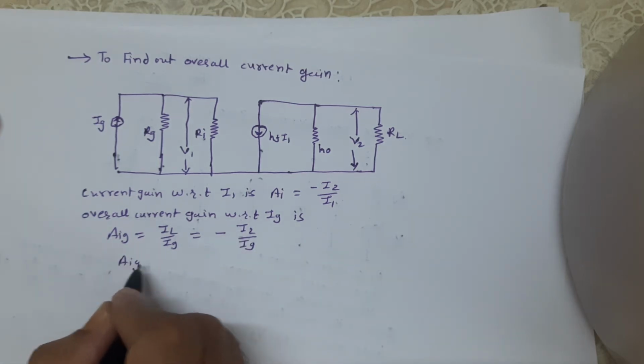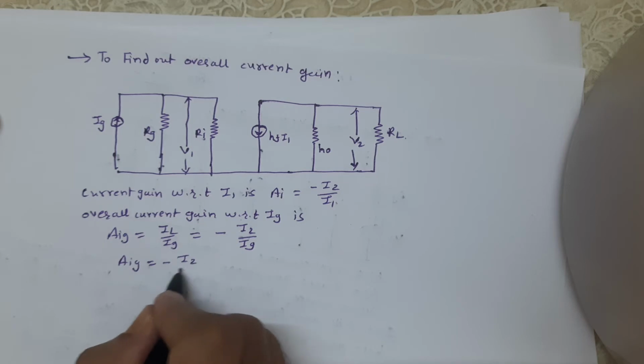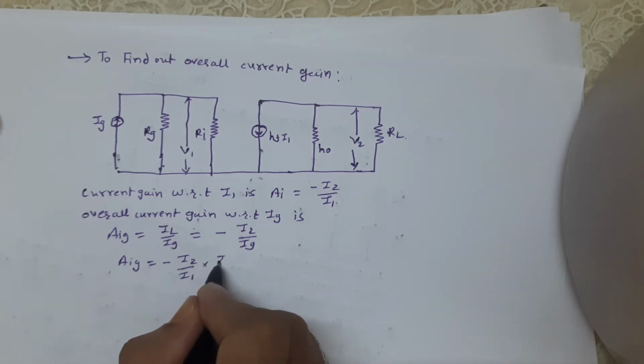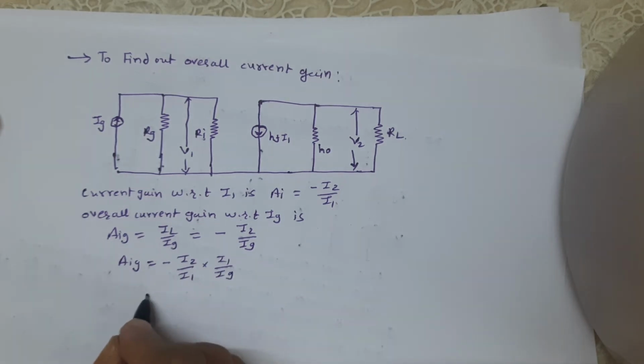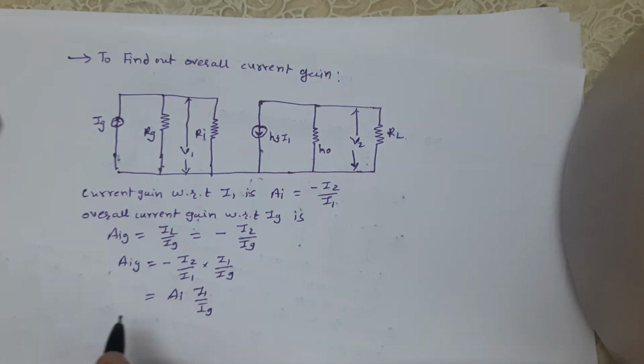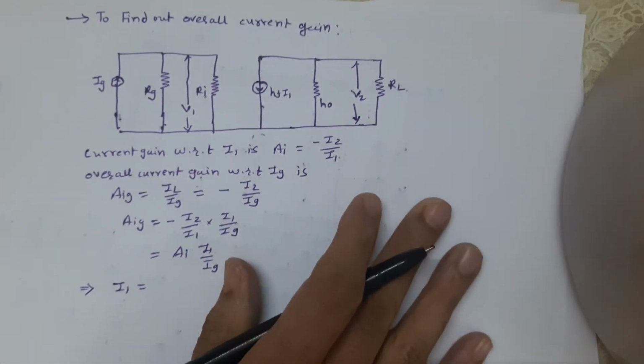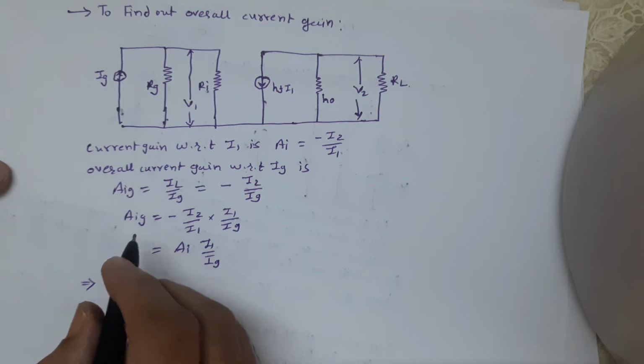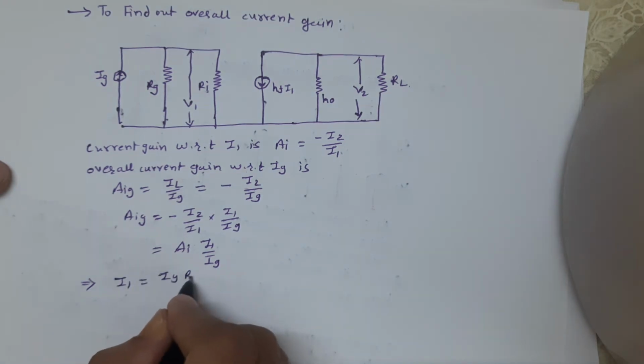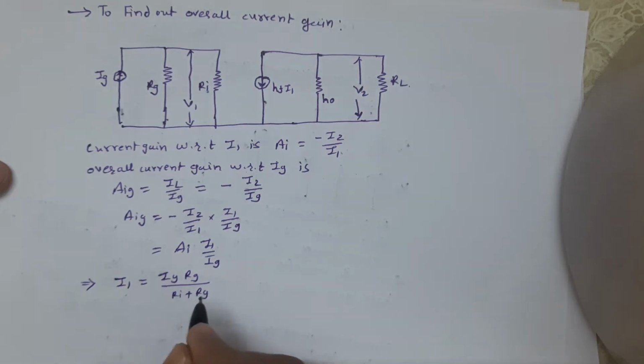Therefore, AIG is equal to minus I2 upon I1 into I1 upon IG. This is equal to AI I1 upon IG. Therefore, I1 is equal to IG Rg upon Ri plus Rg. Therefore, I1 upon Ig is equal to Rg upon Ri plus Rg.